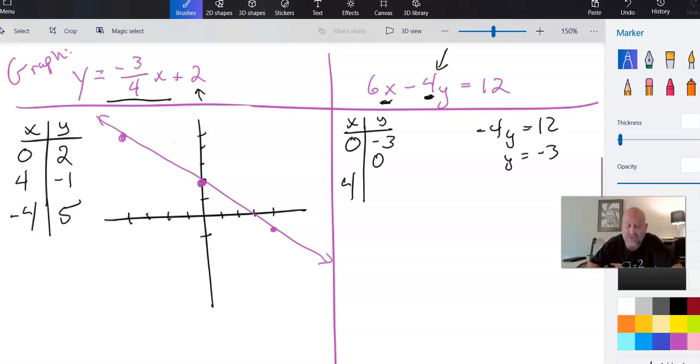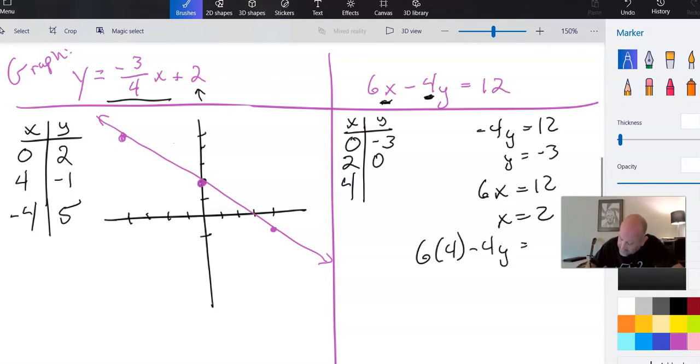So that means that this term will go away, which means that I'm left with 6x is equal to 12. And if I divide by 6, I get x is 2. So I have my first 2 points here. I have the point 0, negative 3, and the point 2, 0. So let's see if my guess of plugging in a 4 worked out okay. So if I plug in 4 for x, I get 6 times 4 minus 4y is equal to 12.